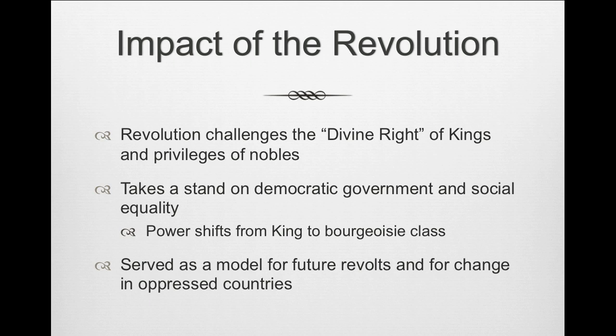So the power is going to shift from the king to that bourgeoisie class of common people. And it's also going to serve as a model for future revolts and change in oppressed countries. So you're going to see how the French Revolution is going to impact and influence other countries to revolt.